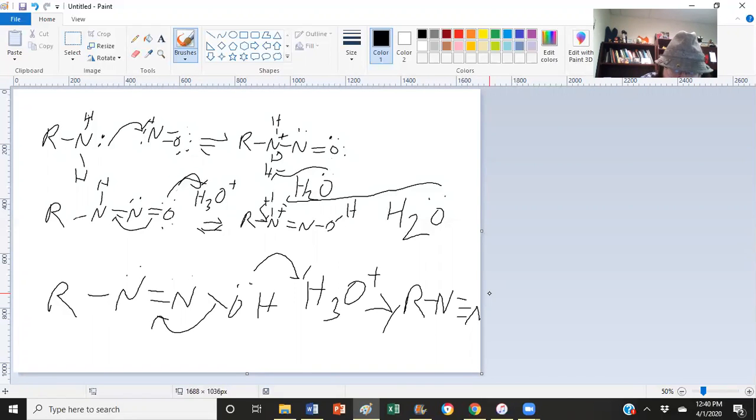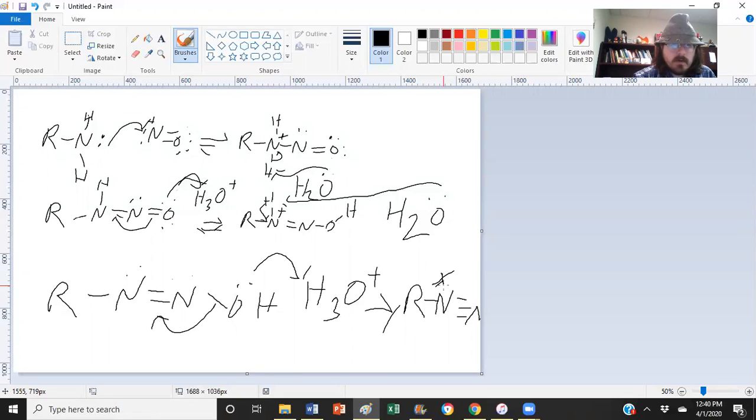This diazonium, not super stable, but it provides a very, very good leaving group. The idea is that this is very reactive. We turn an amine to a diazonium, so a way to kick the amine off and form an electrophile.